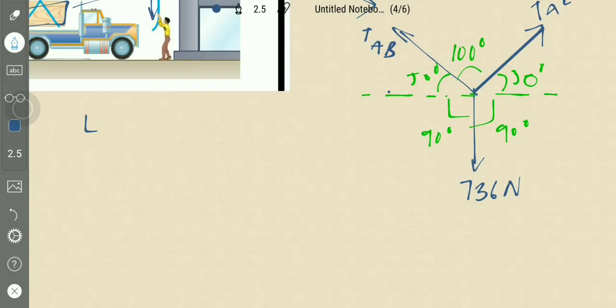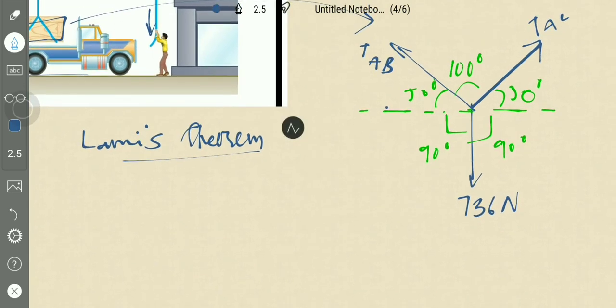And if we apply Lami's theorem here, what are the forces?